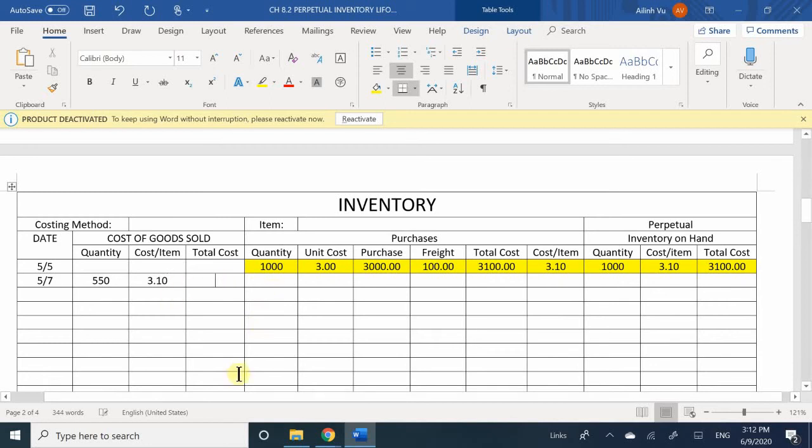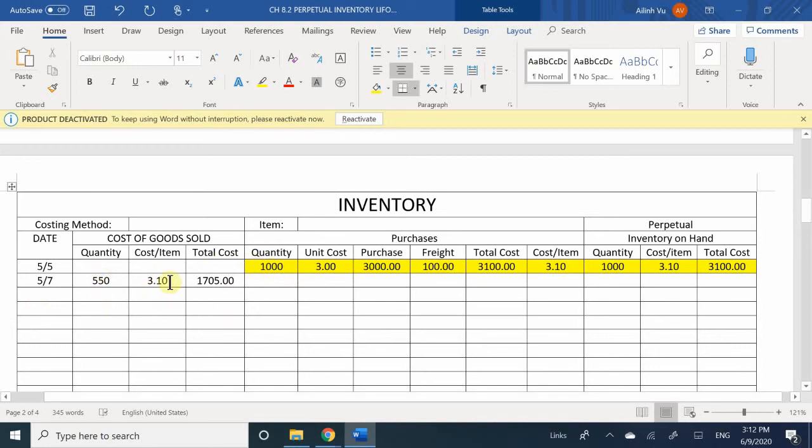Can someone do the calculation for me here? We calculate 3.10 multiplied by the 550 we sold, which is 1,705.